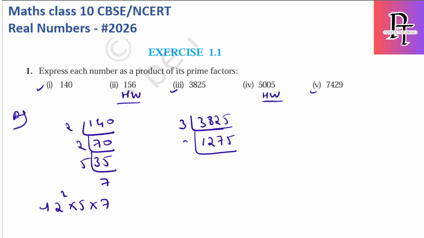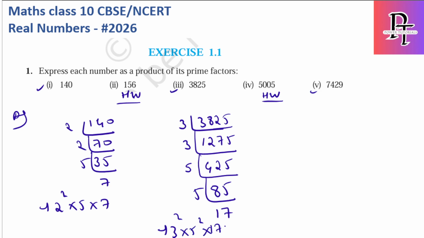So again divisible by 3: 3 4s are 12, 3 2s are 6, 3 5s are 15. So 425. Now 3 is not possible, so I will use 5. 5 8s are 40, 5 5s are 25. Again 5 1s are 5, 5 7s are 35. 17 is a prime number, so I will stop here. It is 3 square into 5 square into 17.